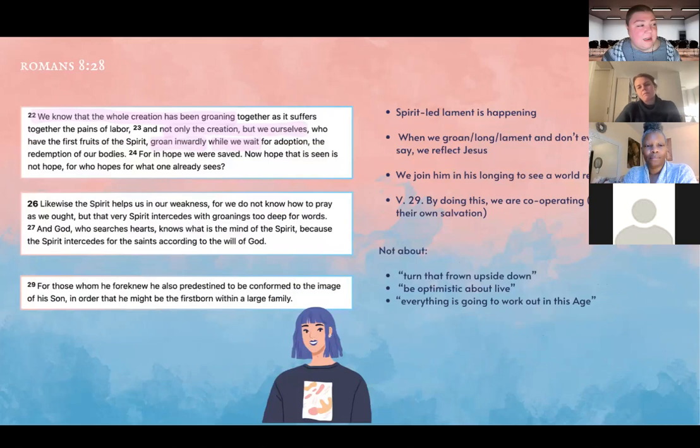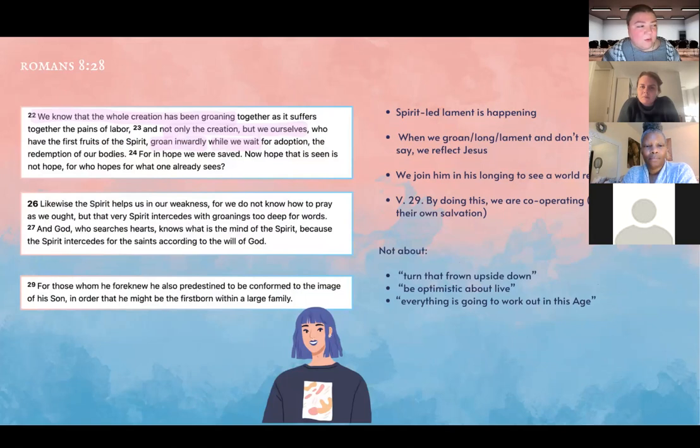When that Spirit-led lament is happening, as Paul explains in verses 26 and 27, God himself, who understands and sees our hearts, will hear that groaning from the dark places of creation's pain.